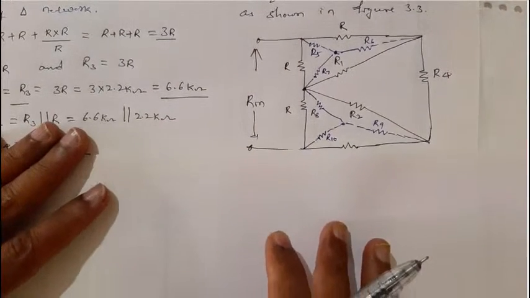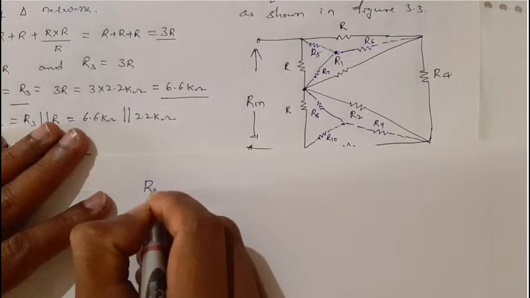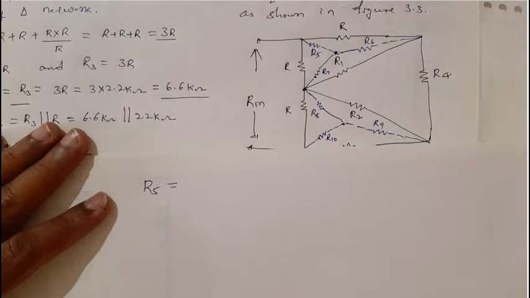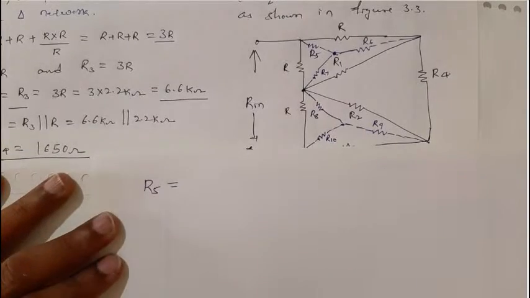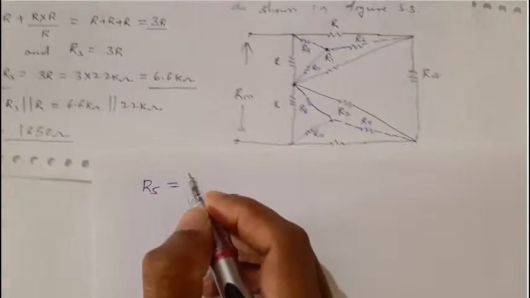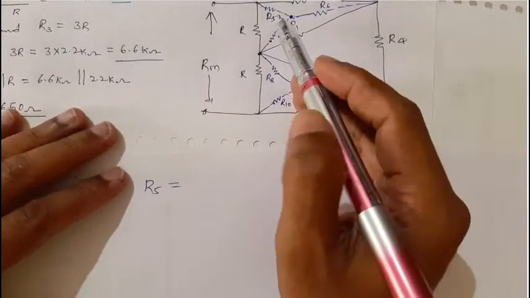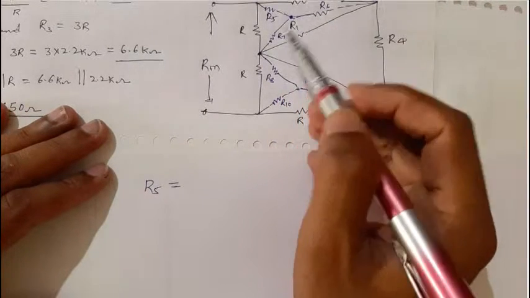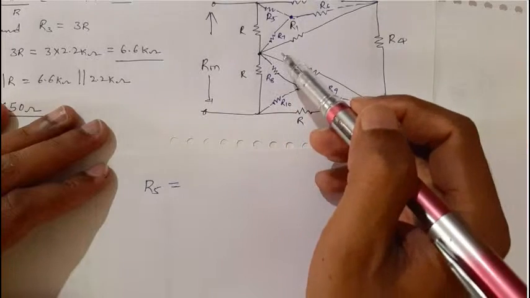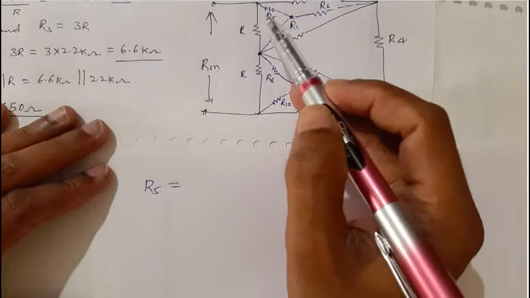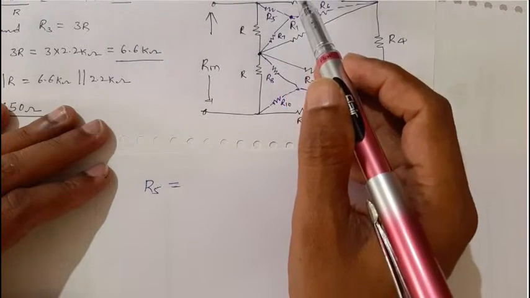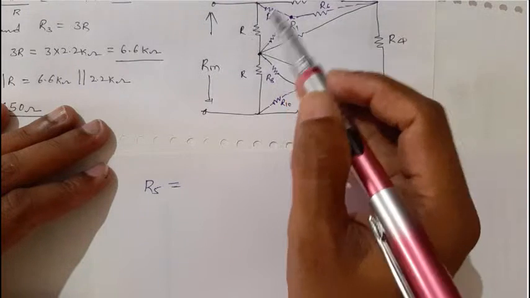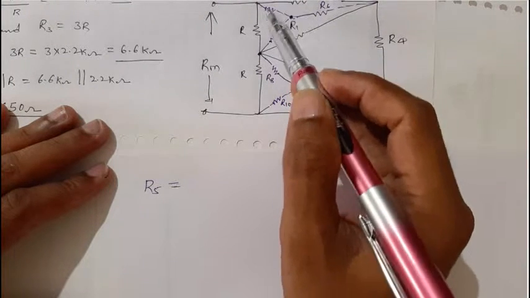So let me start. First we will find R5. R5 is equal to, as I told, we are converting delta to T network, so multiply the two resistances adjacent to it, meaning the resistances connected to it.